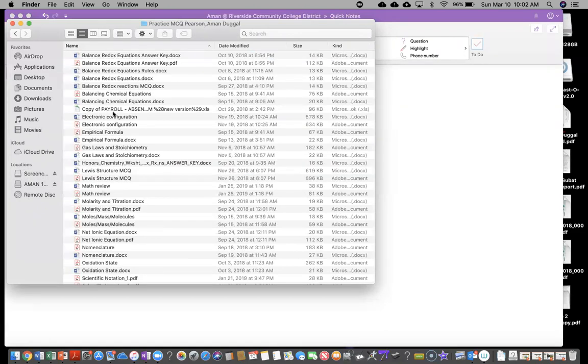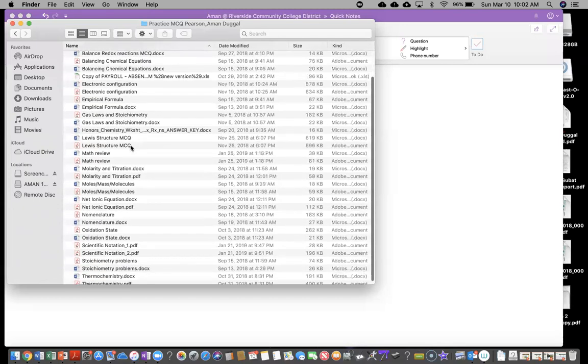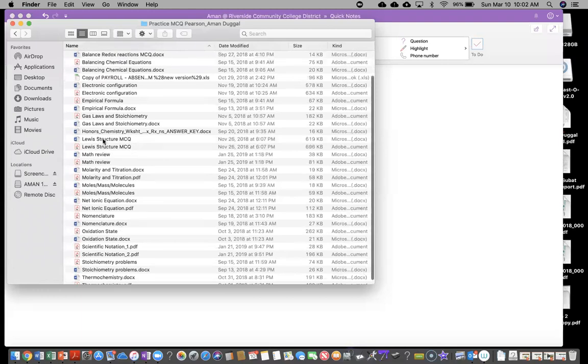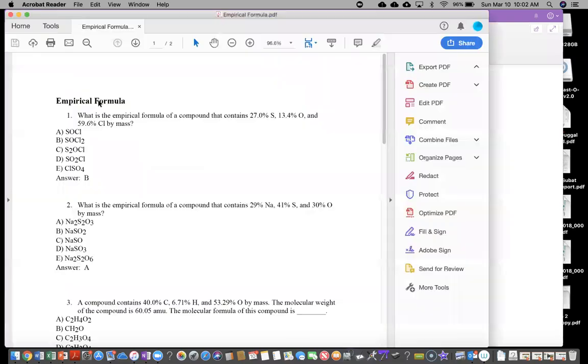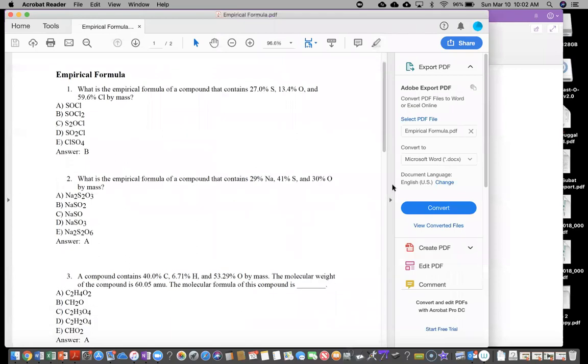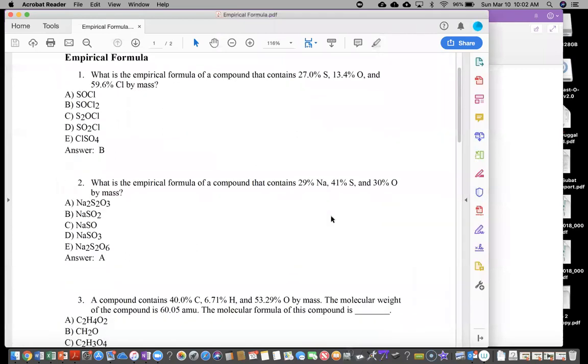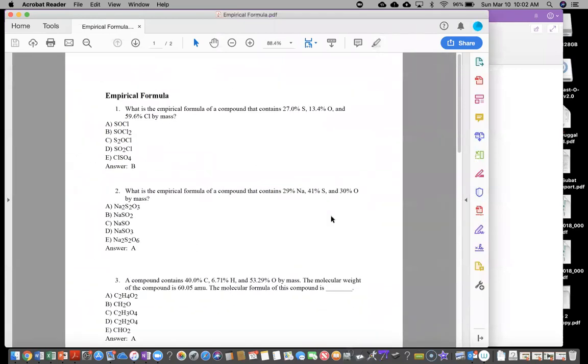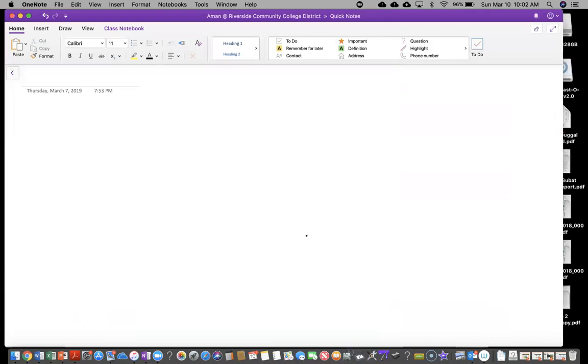Either number 1 or number 2, on the empirical formula worksheet. So these ones? Yes. So how to go from percent and find the empirical formula. So what do you got to do for all these? Did you start these problems? Yeah, I started them. Where are you stuck?